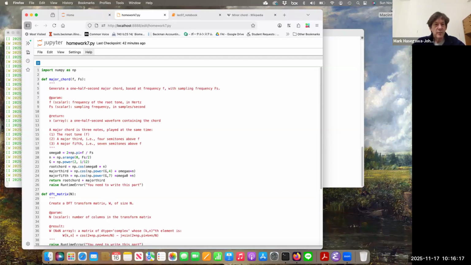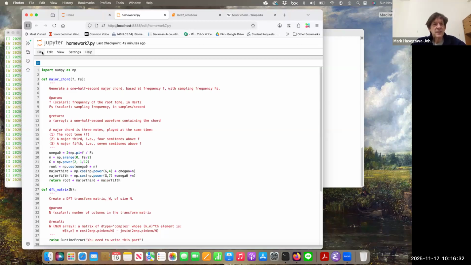Not root chord, but root note, just root, let's call it. Root plus major third plus major fifth. We add them all together and return that. That should give us, let's see, omega naught is 2 pi f over fs.